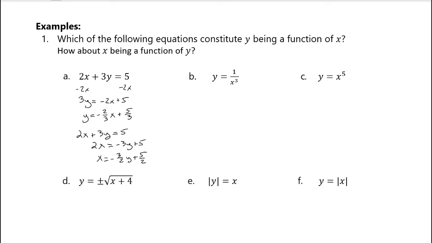And so we can see that in either direction, if we have a y value, there's only going to be one x value that goes along with it. If we have an x value, there's only one y value that goes along with it. So this works both ways. This y is a function of x, and x is a function of y.